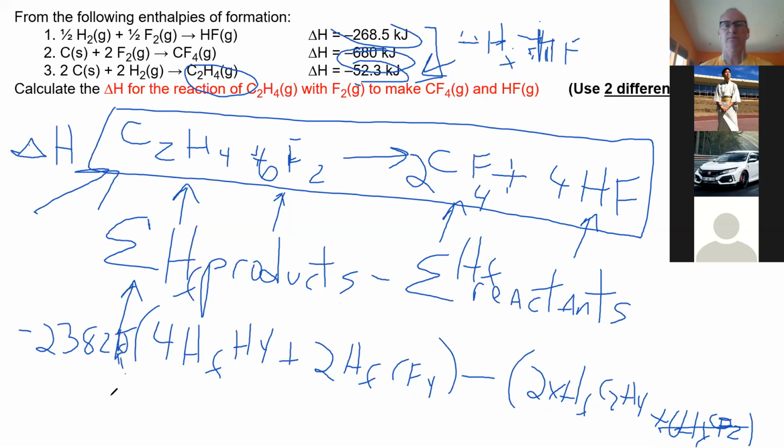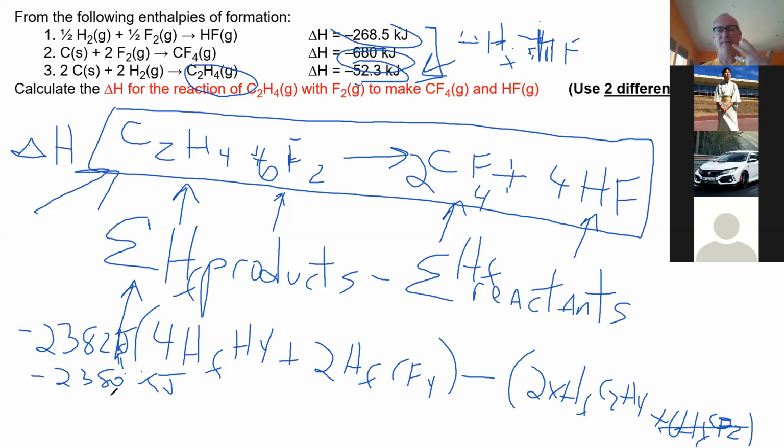Kilojoules, sorry. It should be like minus 2380 kilojoules. And then when you do it the other way, when you use Hess's law, you should get exactly the same answer. That's the whole key to this question.